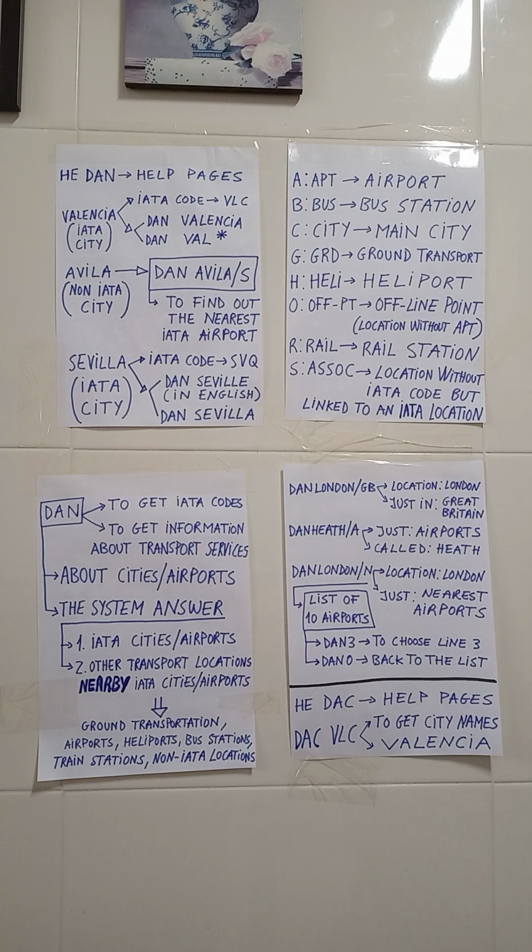Next example, DAN London /N is used to search for codes and information related to the word London by indicating to the system that we only want results at nearby airports by the letter N. So, location, London, just N, nearest airports.